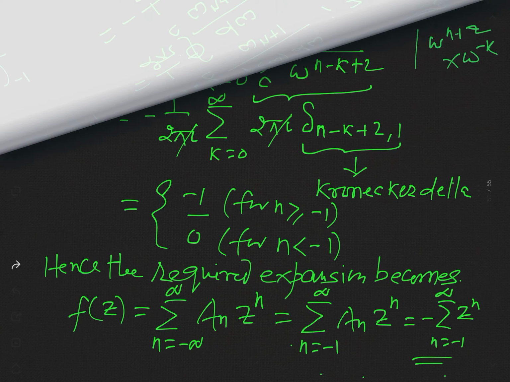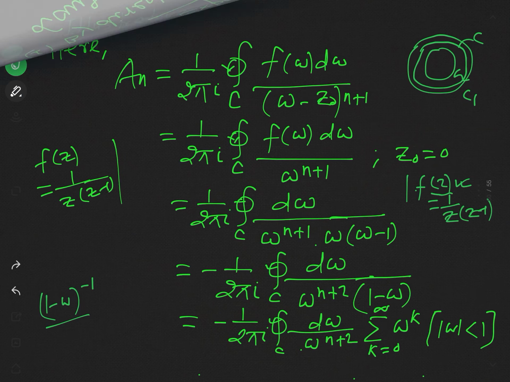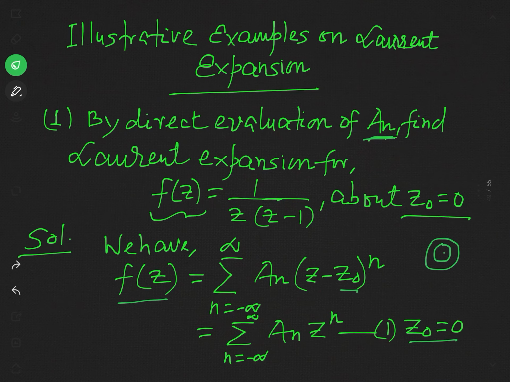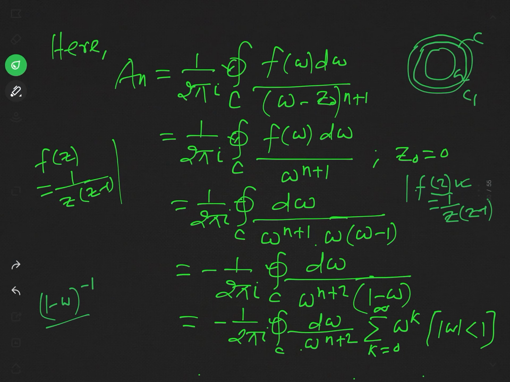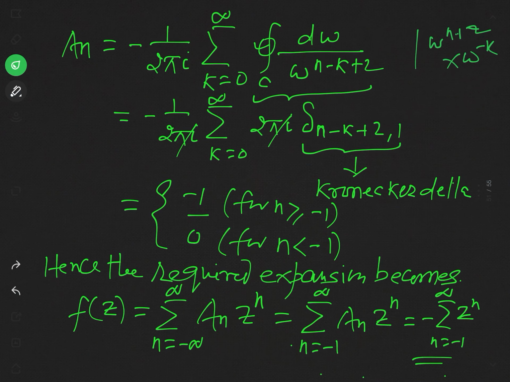What will be that? f of z, you can see the expansion is actually the sum of a_n z to the power n, and we have just evaluated this a_n. This a_n is 0 for all n between minus 1 and minus infinity, and the non-zero value will be from n equal to 0 to n equal to infinity, and that value is actually minus 1. So what will be this expansion?